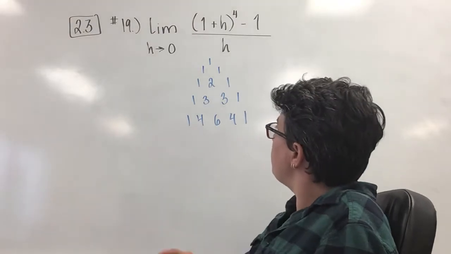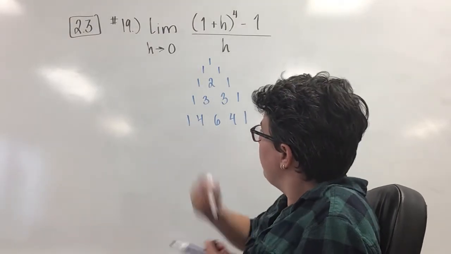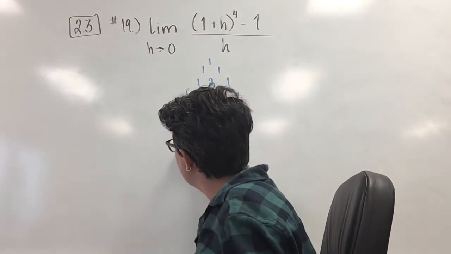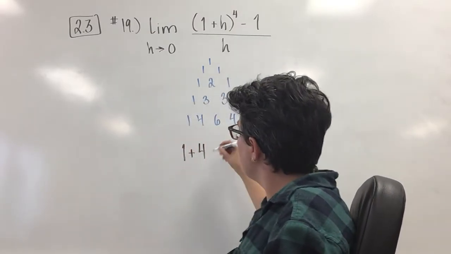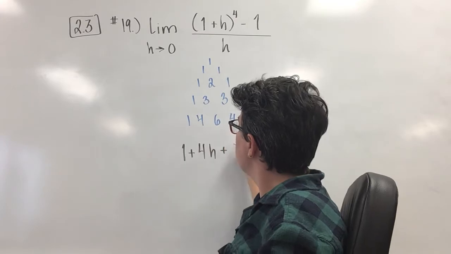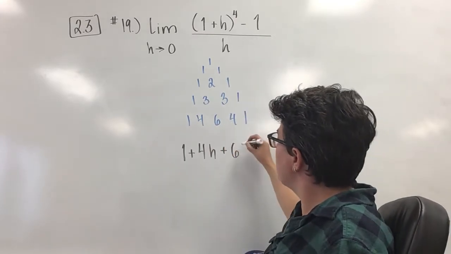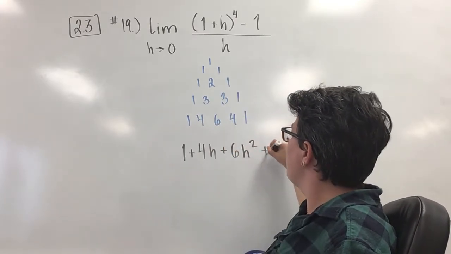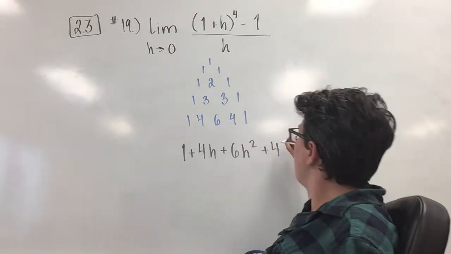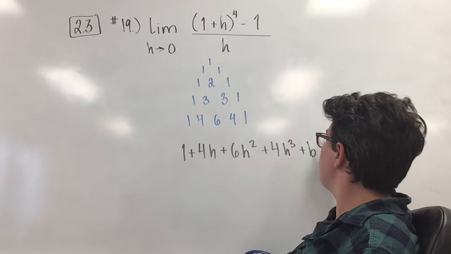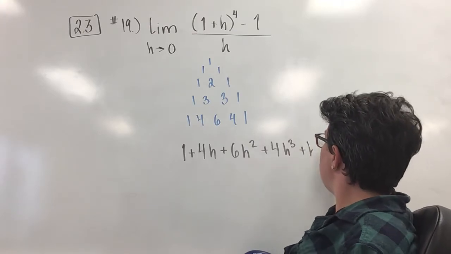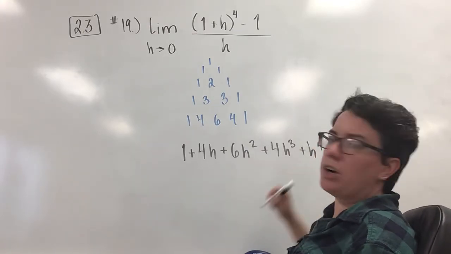So if I expand (1 plus h) to the fourth, that's going to be 1 to the fourth plus 4 times 1 to the third h plus 6 times 1 squared h squared plus 4 times 1 h to the third plus 1 h to the fourth.